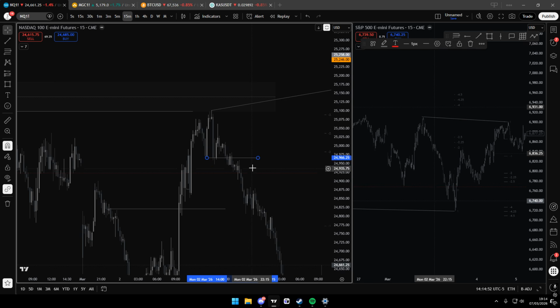I personally wait for a breaker to get formed, which is an old order block getting inversed. So this whole leg is an order block because we get this series of bullish candles close above the high right there. So I only wait for the order block to get inversed.